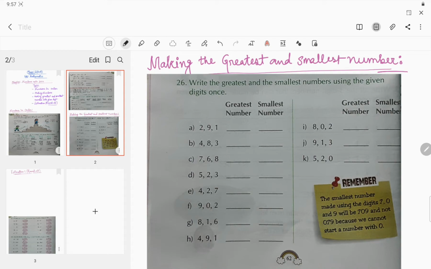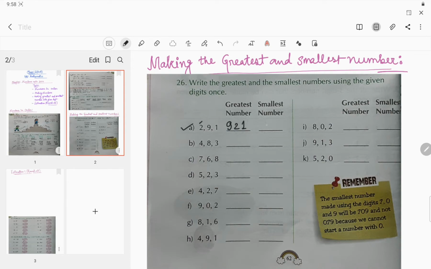Here the 3 digits given are 2, 9 and 1 in question A. When you are going to make the greatest number, at first you have to choose the greatest one among these digits. So the greatest one is 9. So I wrote down 9. Then cross out, and the greatest among the rest is 2, and then 1. So this is the greatest number using these digits.